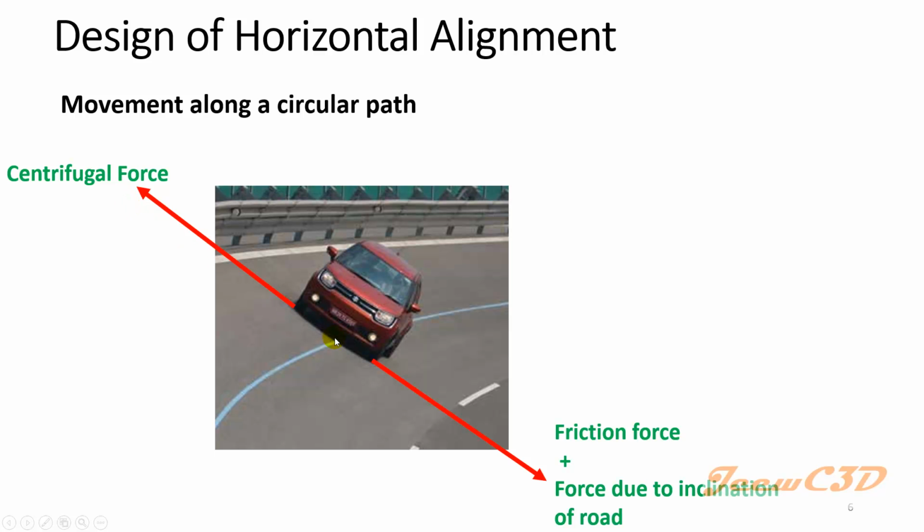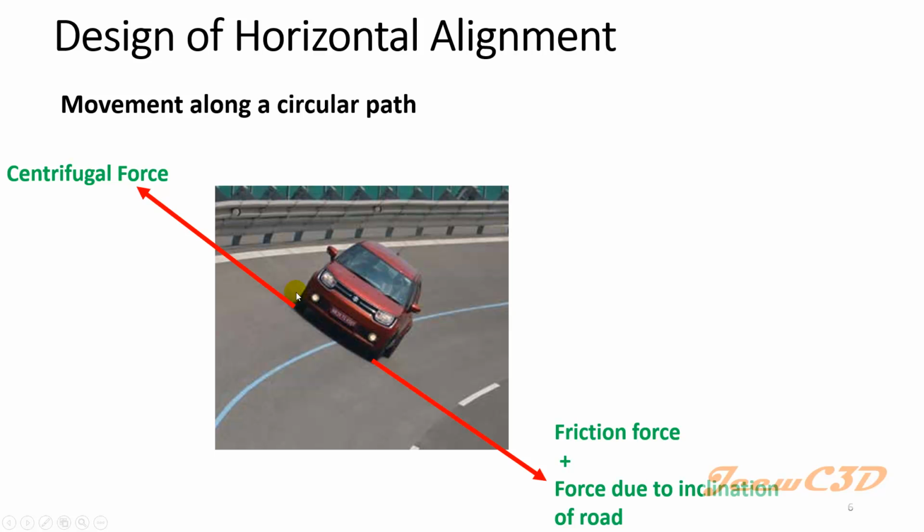But you have the friction force acting in the inside direction to the curve, because if the vehicle is going to slide or drag this way, the side friction force will counteract that and it will act towards this side or the inside of the curve.